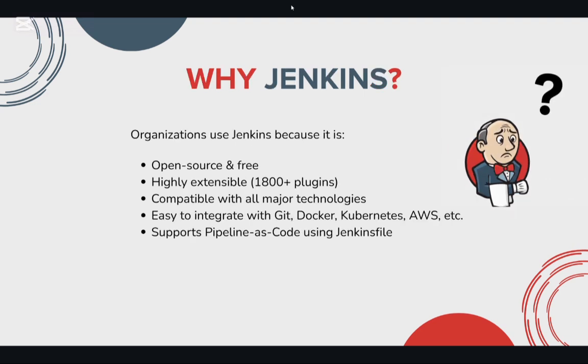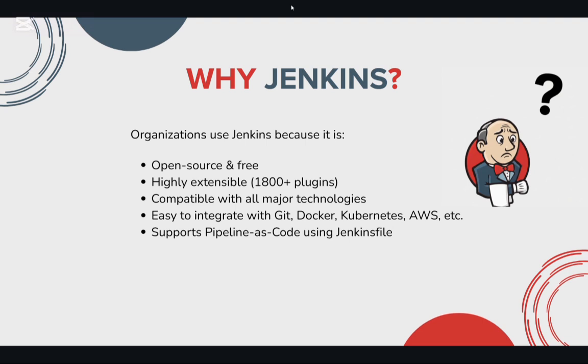Then the next slide is about why Jenkins. Organizations choose Jenkins for several strong reasons. First, Jenkins is open source and free, which makes it accessible to companies of any size. It is also highly extensible with more than 1800 plugins available, allowing teams to integrate virtually any tool they need. Jenkins works with all major technologies, programming languages, and deployment platforms.